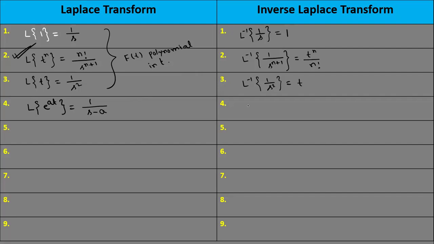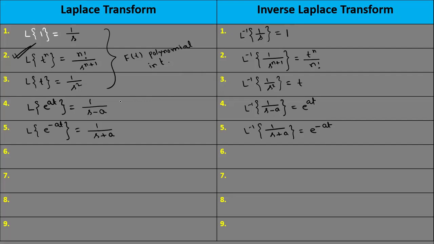Similarly, Laplace inverse of 1 by s minus a equals e to the power at. Now Laplace of e to the power minus at. Obviously here we have a negative sign, so we have to take positive: 1 by s plus a. Similarly, Laplace inverse of 1 by s plus a equals e to the power minus at.